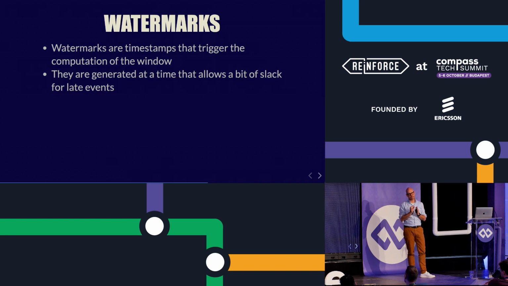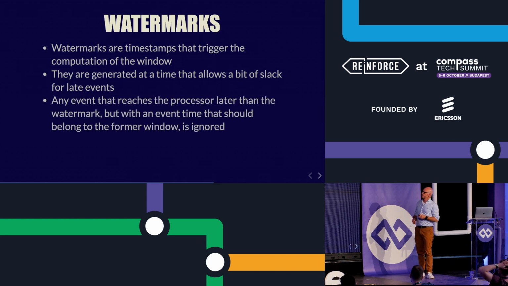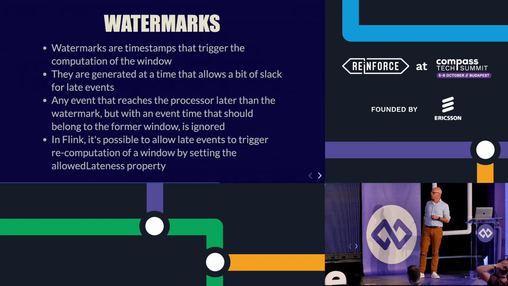But my watermark is 1 other second, so I'm waiting another second in my stream processing engine, and then I'm doing the calculation of the previous window. That usually gives just enough room to make sure that 99% or so of all the events that you want to capture are in that window. If your infrastructure still has too much latency, so an event arrives even later, then it's ignored.